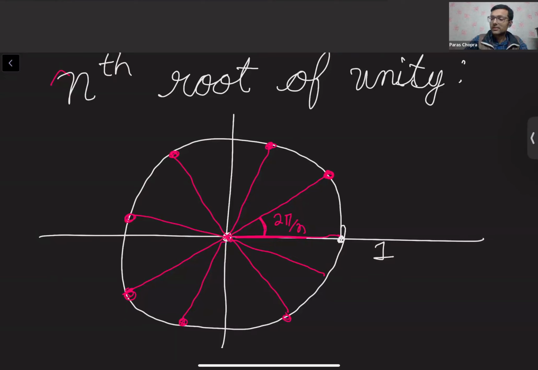So first root will be cos of 2 pi by n plus iota sine of 2 pi by n. Right. And the kth root will be cos of 2 pi k by n plus iota sine 2 pi k by n.